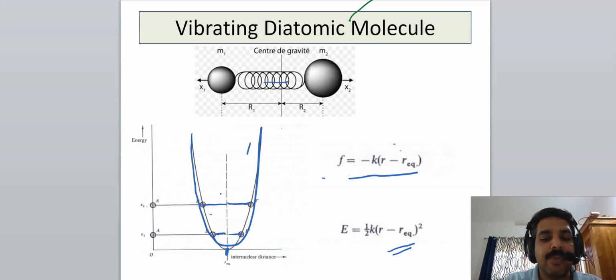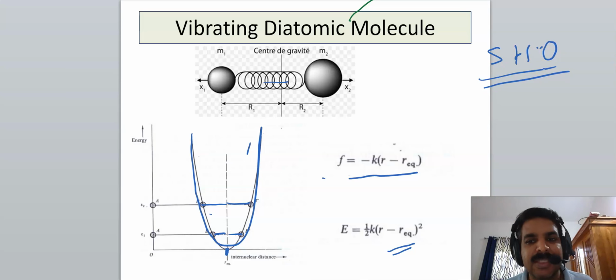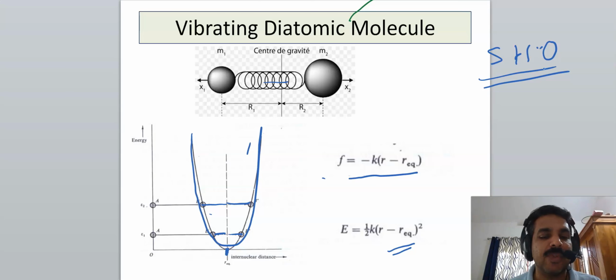This is the simple harmonic oscillator approximation, SHO, a simple system to begin with. Actually, the vibration is not simple harmonic, but for convenience, for the starting purpose, we can consider the oscillation to be simple harmonic.